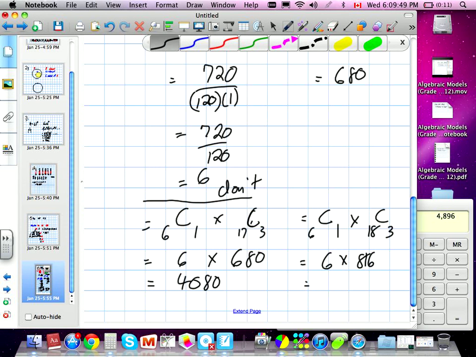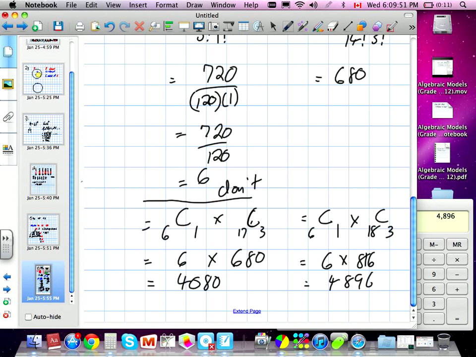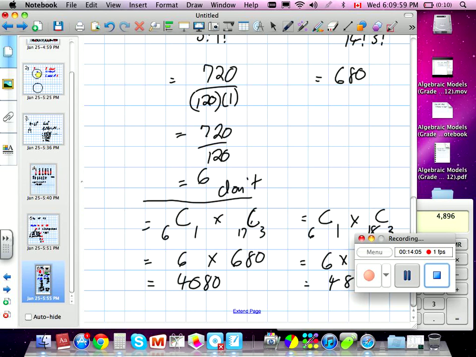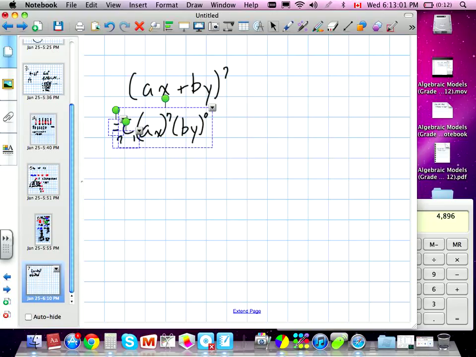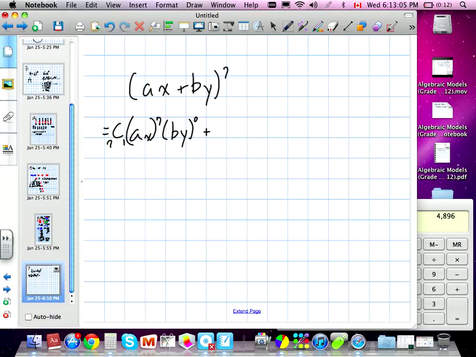What we'll do is expand this in order to figure it out. So we have our first option here. The next option is C0, right, to start? Yeah, C0. Next one is C1, same idea: AX to the 6th, BY to 1.